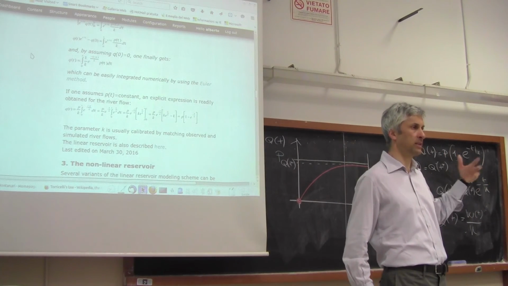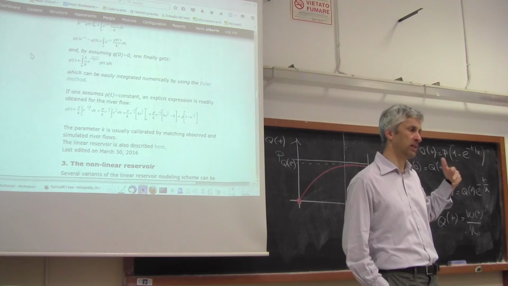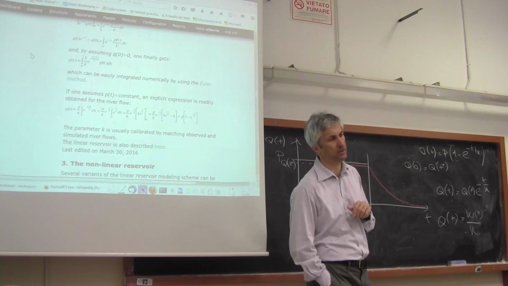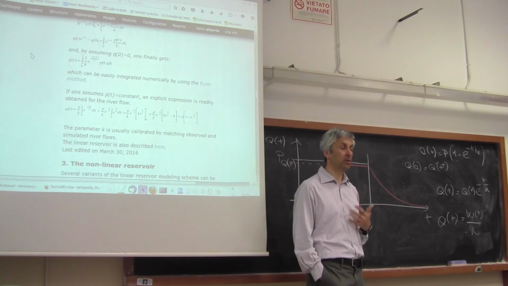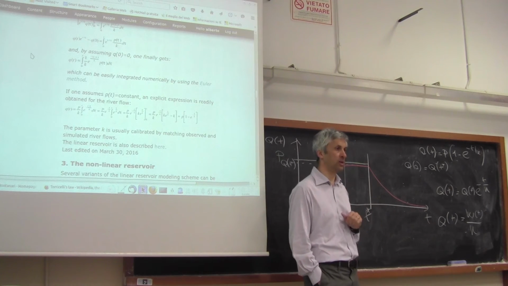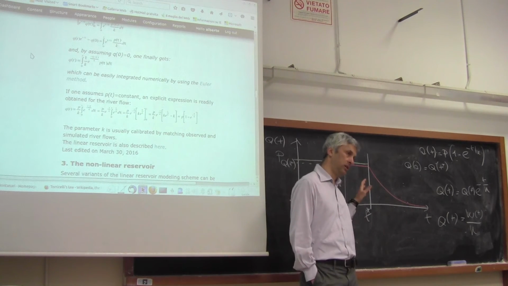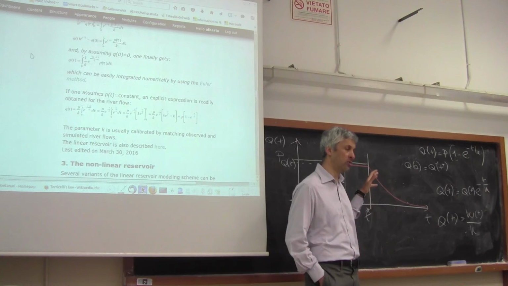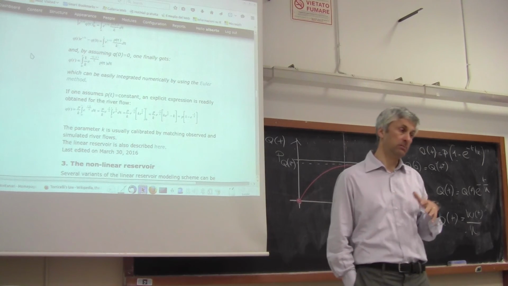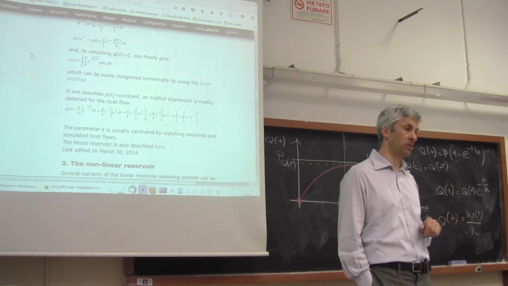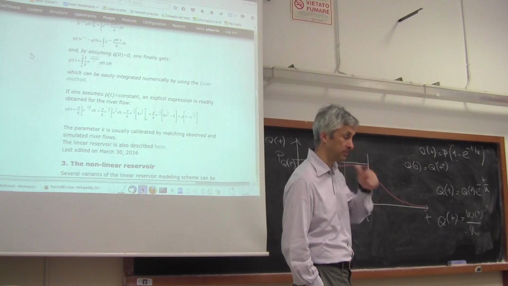So if you have an idea of the time of concentration of the catchment, you can get a guess estimate for K. And conversely, if you apply the linear reservoir and you get an optimal value for K, you can get a good guess estimate for the time of concentration.